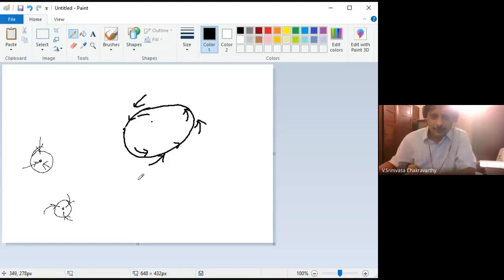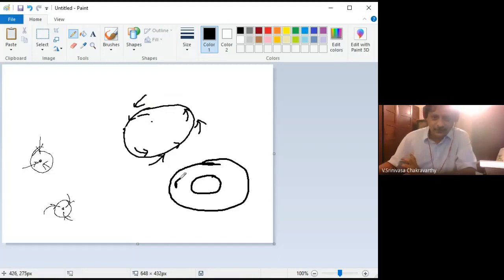So what people actually do to prove a limit cycle is show that there is a certain region in the state space, which is like an annulus. This annulus has two borders.